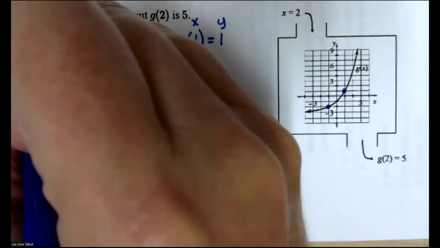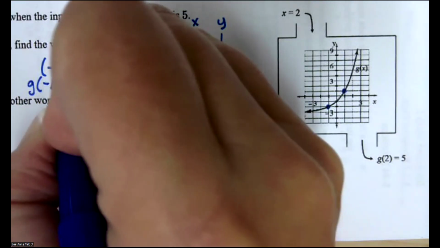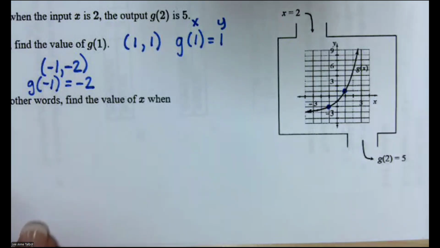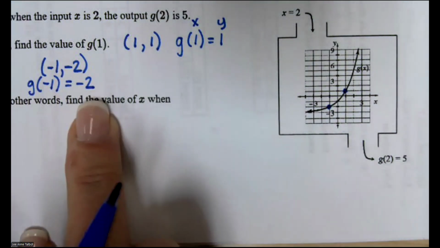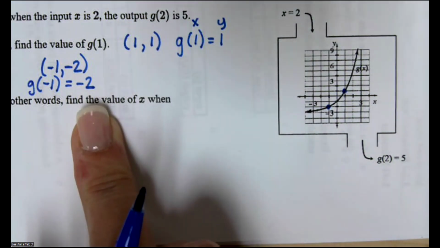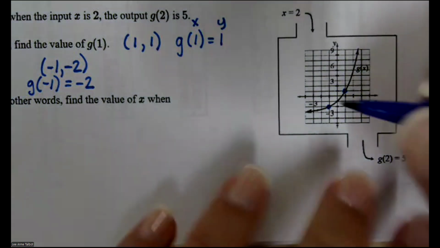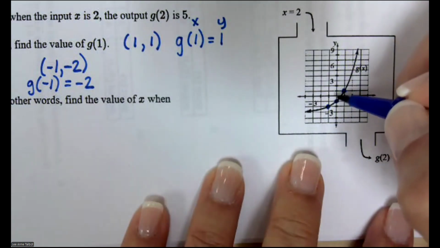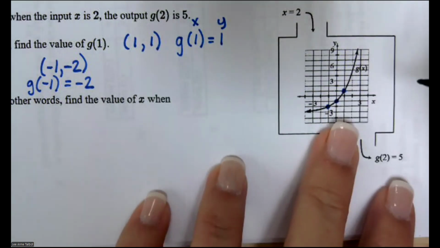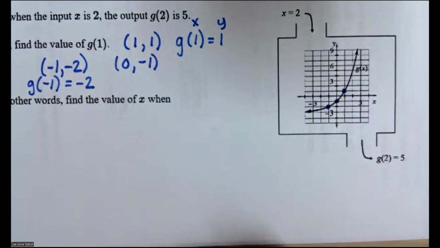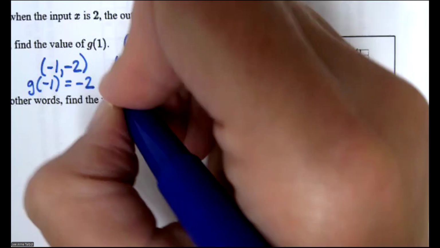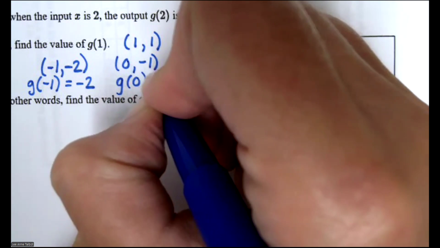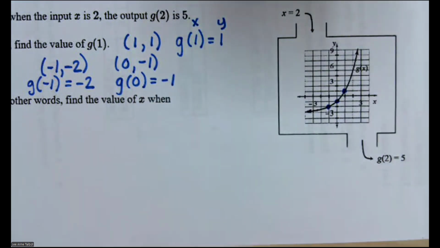So what we say is g of negative 1 is negative 2. There's your x, there's your y. Okay, let's do 0. 0 is right here. That coordinate is 0, negative 1. G of 0 is negative 1.